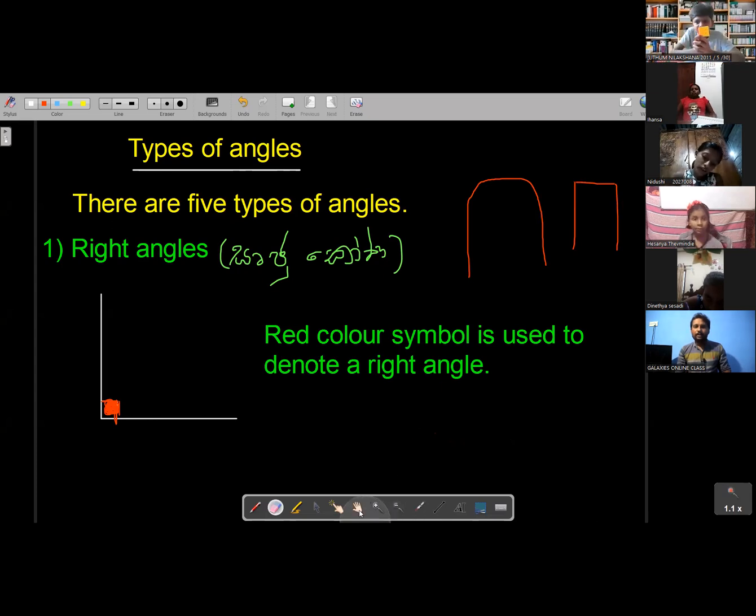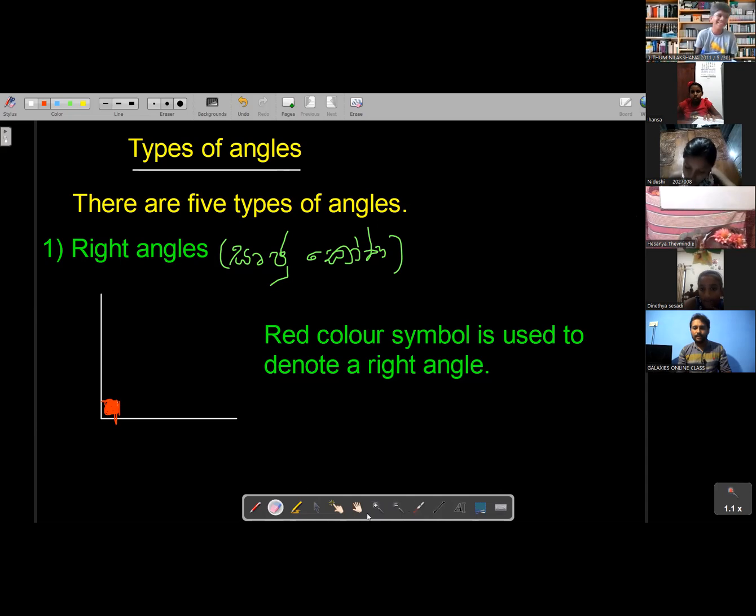Okay, now I am going to discuss the second type of angles. That's one type, the right angles. Now you know the shape of the right angle and where you can see right angles in the environment. Then write down number 2.